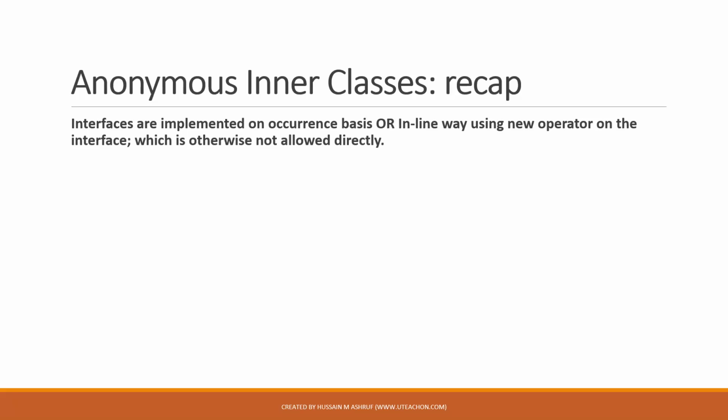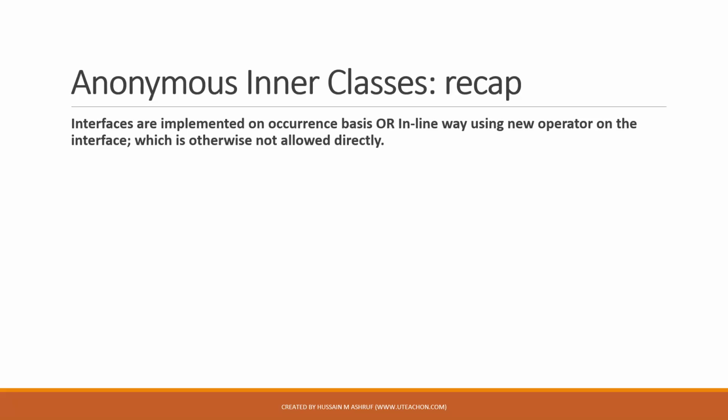If you remember, an anonymous inner class was dependent on an interface on an inline basis. On an occurrence basis, they are implemented on the fly. That's why they are called inline, using the new operator. They return an instance, and then we call the method on it.